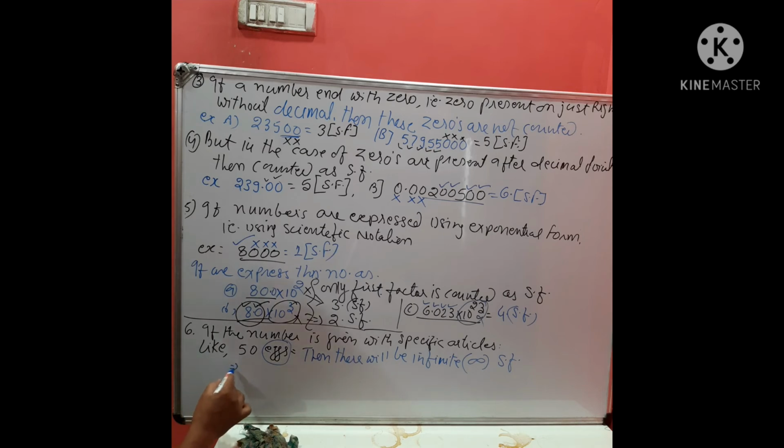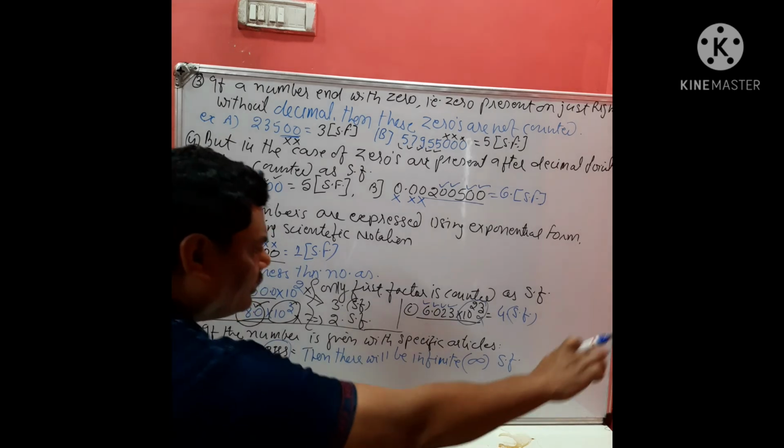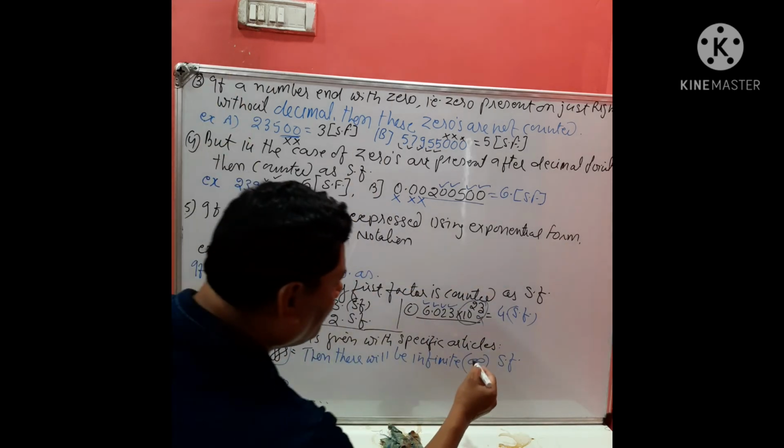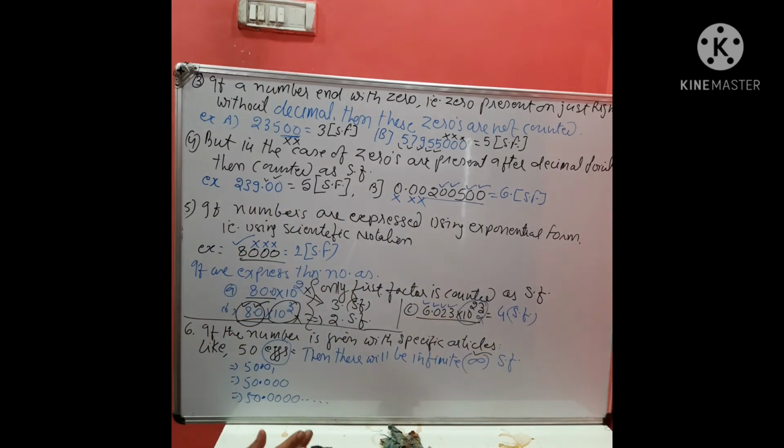So it can be expressed as 50.0, 50.00, 50.000000, anything. Now we know that zeros after the decimal point are always included as significant figures. So if we include 50.0000000, in this case it will become an infinite number of significant figures.